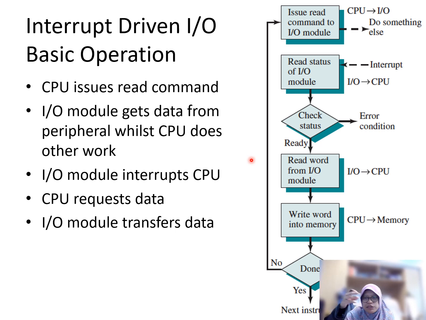Once the data has been transferred, the module signals an interrupt to the CPU over a control line. The module then waits until its data are requested by the processor. When the request is made, the module places its data on the data bus, and it is ready for another I/O operation.